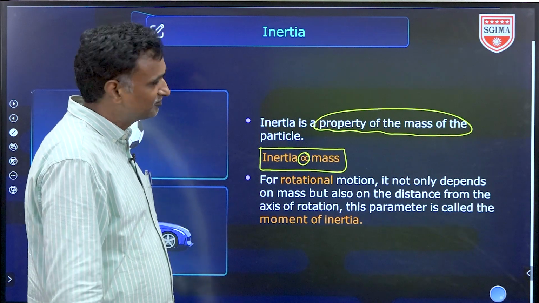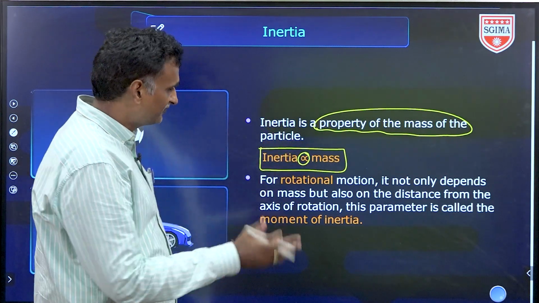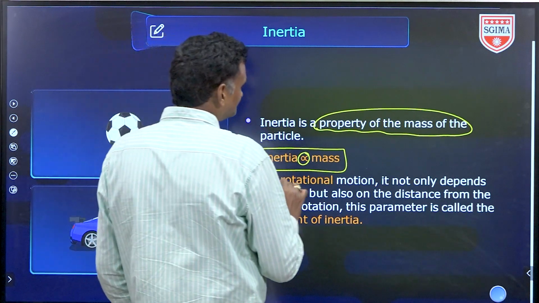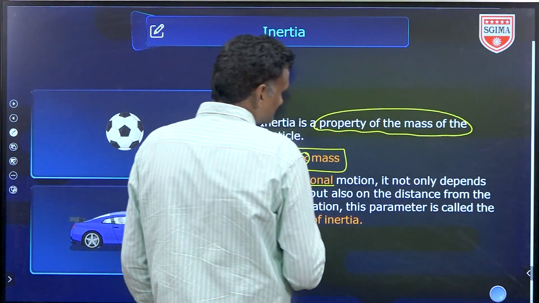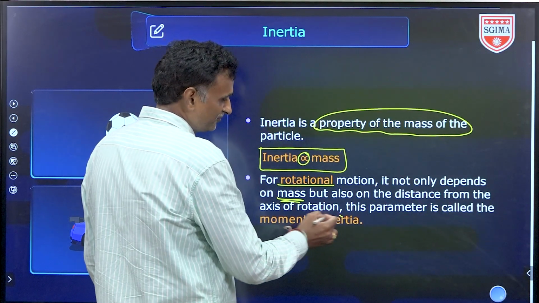Next, we discussed these concepts for linear motion, but in the case of rotational motion, inertia depends not only on the mass but also on the distance from the axis of rotation.